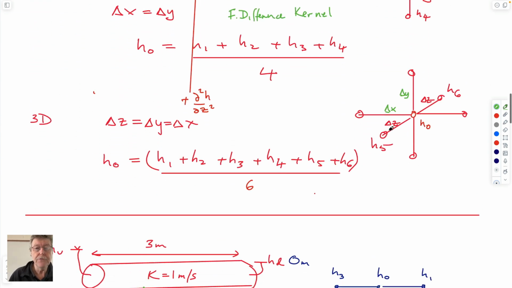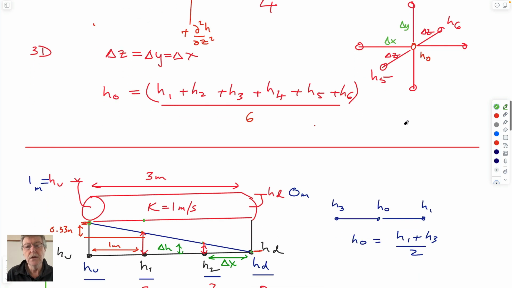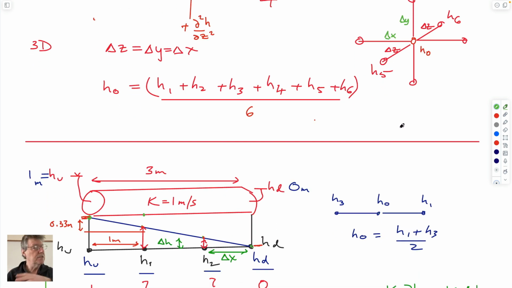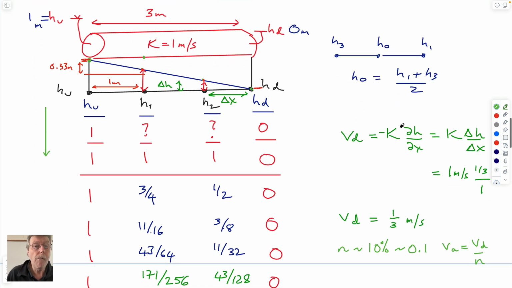So if you have a mesh with the same dimensions in each of the three coordinate directions, you take all 6 surrounding nodes, add them together, divide by 6, and that has to be the value of the central one. Incredibly simple. So that's why it's called relaxation. You work through the mesh and change the value sequentially until, the final time you work through it, you don't have to change them at all. So let's do an example.